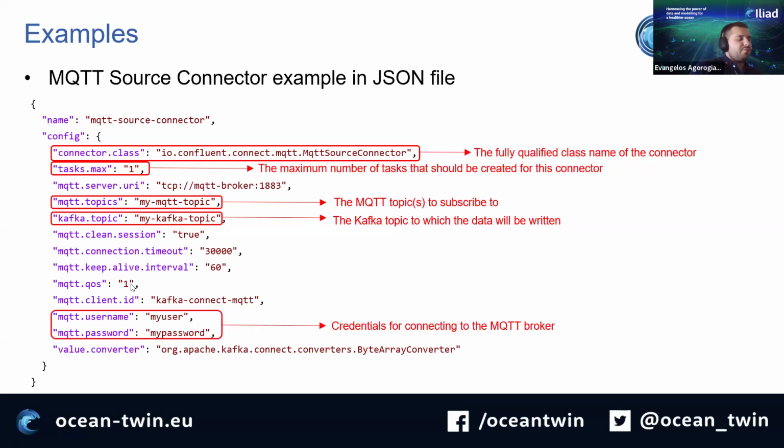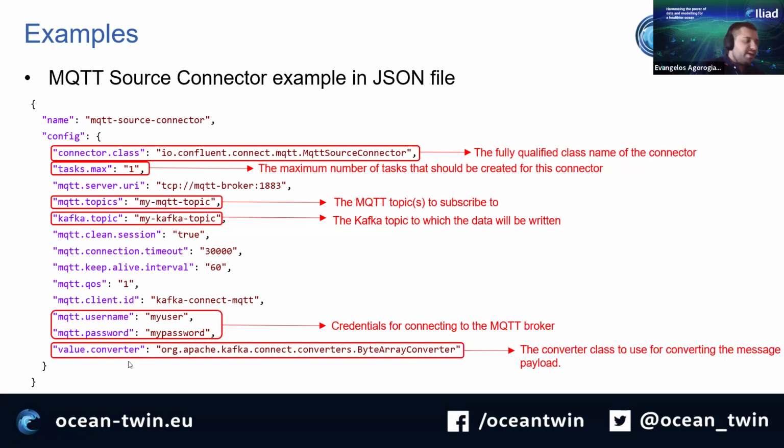We have some other configurations related to the MQTT, and of course the credentials for connecting to the broker, since in most cases we're using some password authentication. And something really important is the value converter field, which defines the class that we are using for converting the payload of the message in order to translate and serialize the message properly.